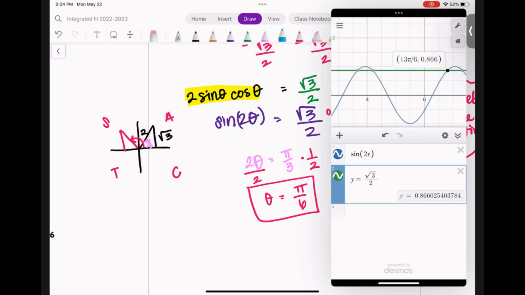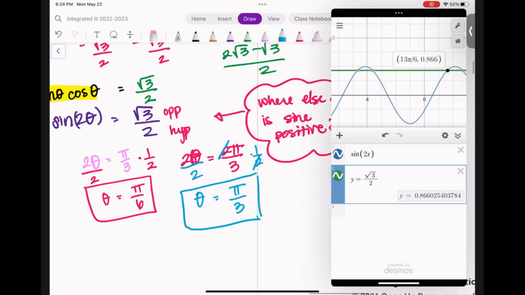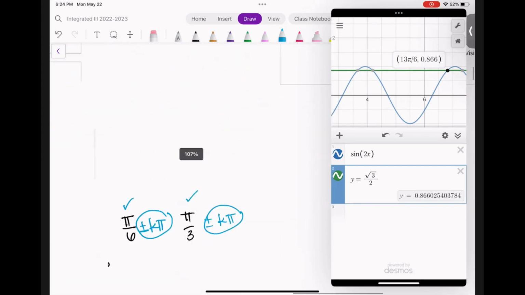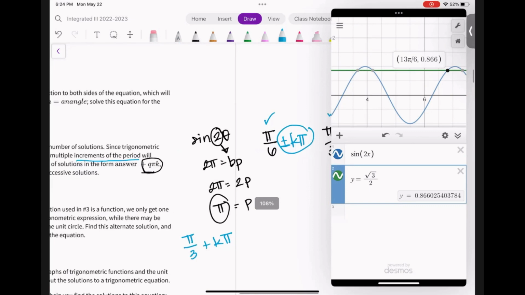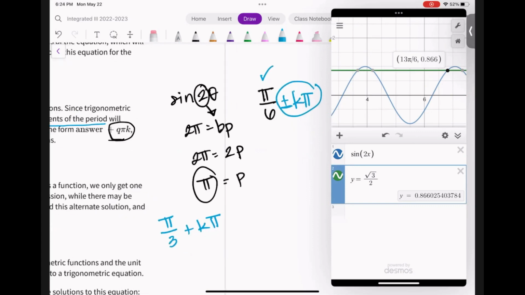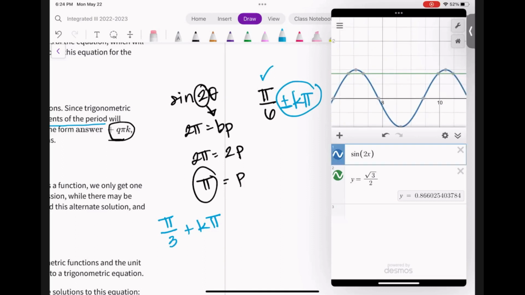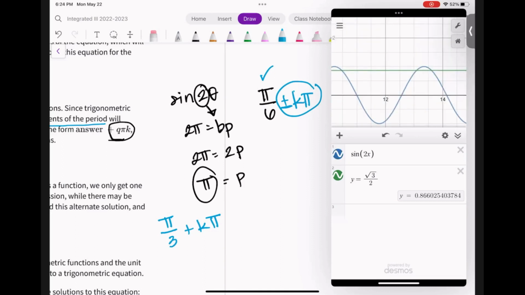So every time you see a 13 pi over 6, that's this answer that we came up with, where it says pi over 6 plus k pi. We're just adding pi's to it. So the next is going to be 19 pi over 6, and then 25 pi over 6. So it's going to get all of those pi's, including on the negative side.